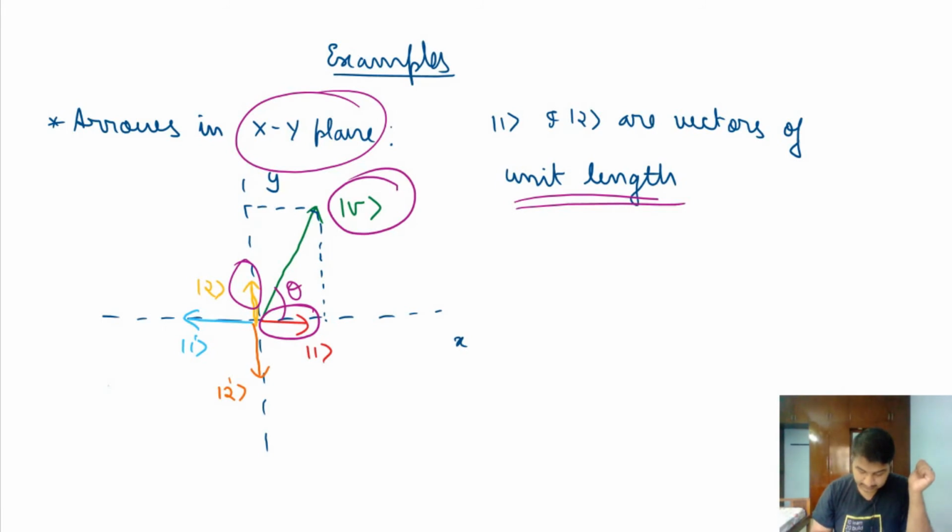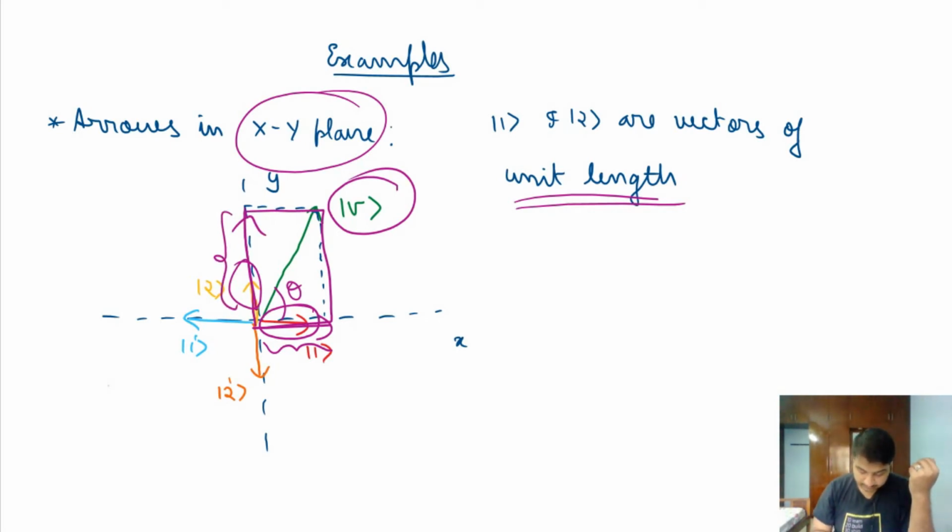We basically use the parallelogram law of vector addition, and so if we draw the parallelogram, this is going to be our parallelogram. In this case it's a rectangle, and all we need to do is find a vector in this direction which has the same length as this side of the rectangle, and find a vector along this direction which has the same length as this side of the rectangle.